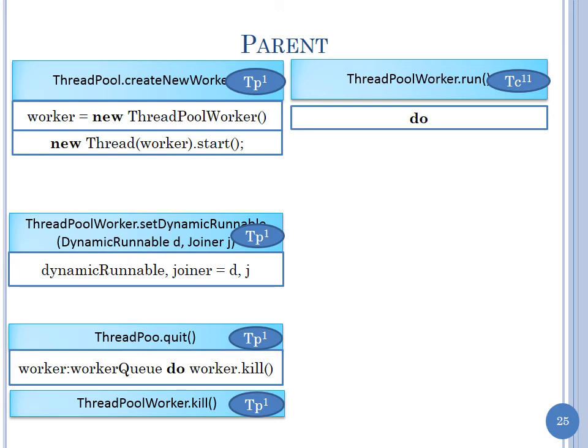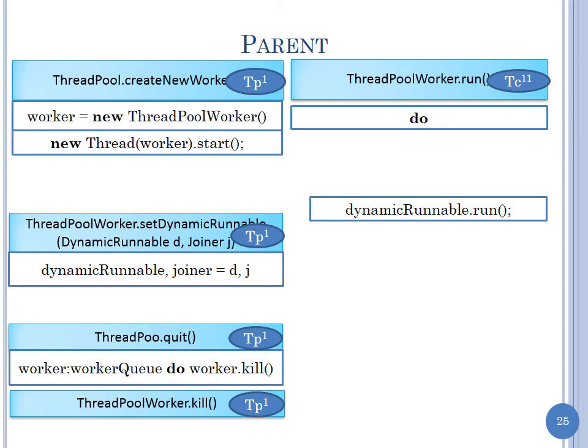Now remember, this threadpool worker.run is a runnable. That's the master runnable, the manager runnable, the dispatcher runnable. It's going to have to shuttle between the dispatched work runnables, which are all pieces of work. So it's going to take its dynamic runnable, whichever its current dynamic runnable is, and run it. It's the classic idea of the manager delegating to somebody else.